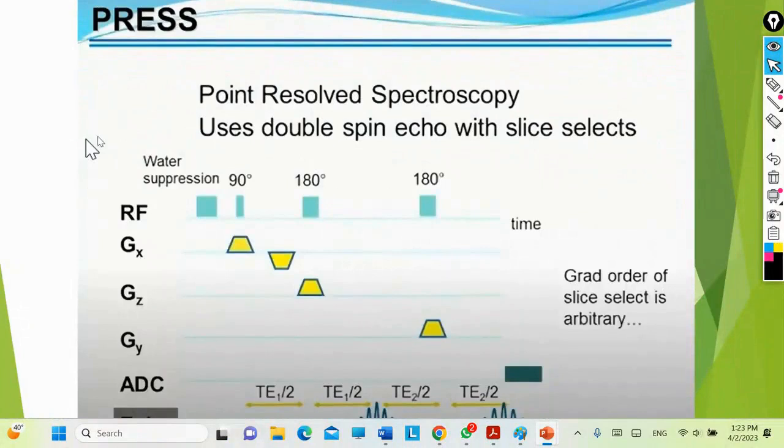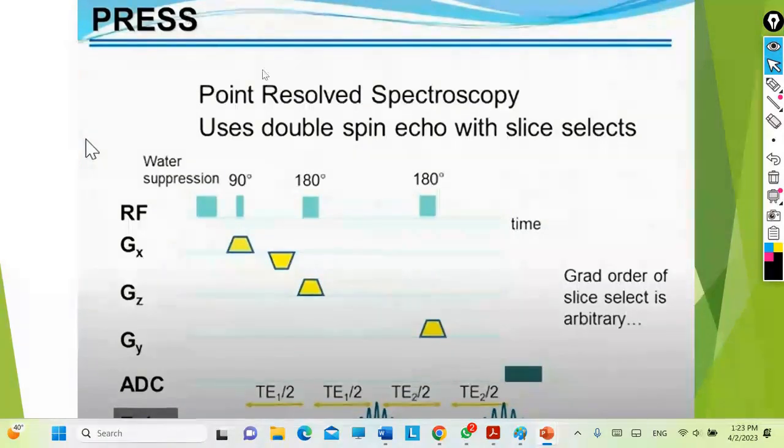I did this once, and they told me to repeat the sequence, applying a gradient here, a gradient there, and a new gradient. Each time, you take the voxel next to it, as if you are changing the location of the voxel. This is called multivoxel spectroscopy.